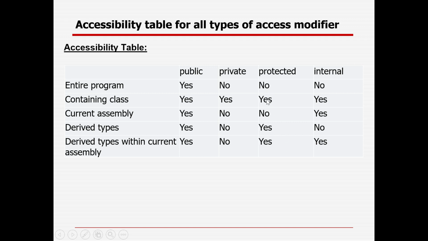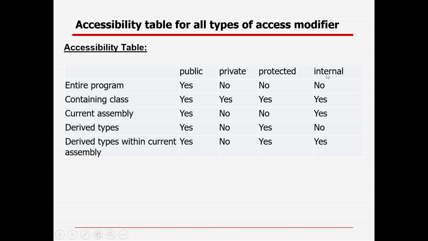It is not accessible in the remaining ones: the entire program and current assembly are not possible. Internal, except for the entire program or derived types, is accessible in the containing class, the current assembly and the derived types within the current assembly. So that is the accessibility table for all the important access modifiers available in C#: public, private, protected and internal.